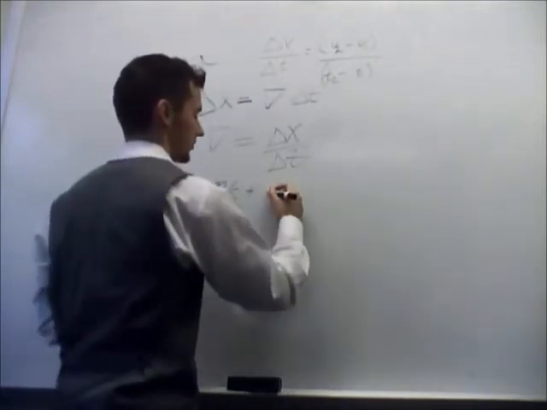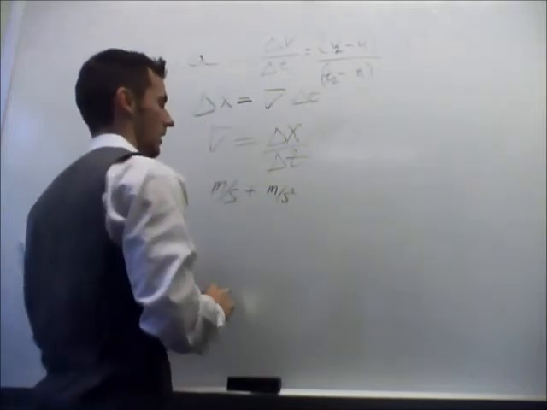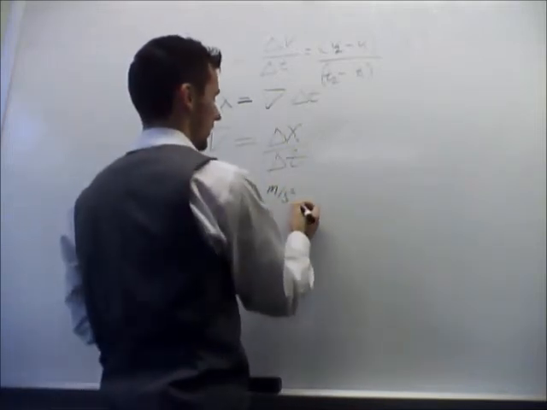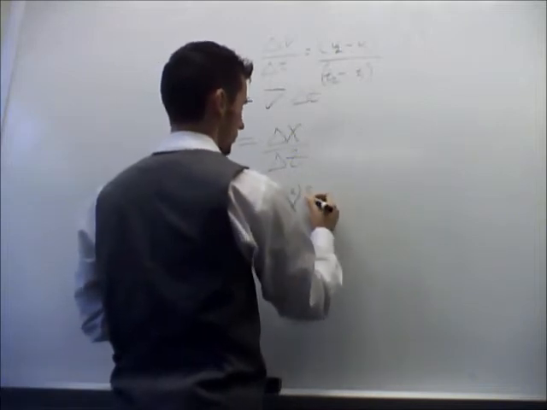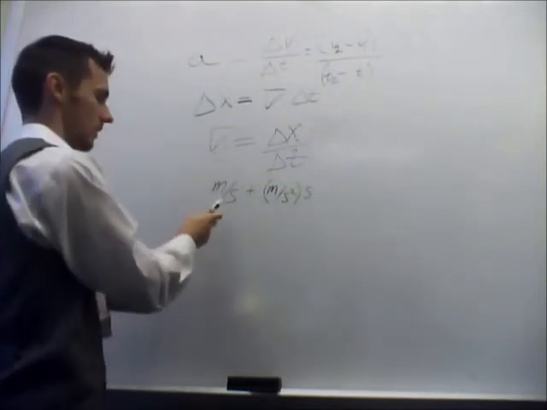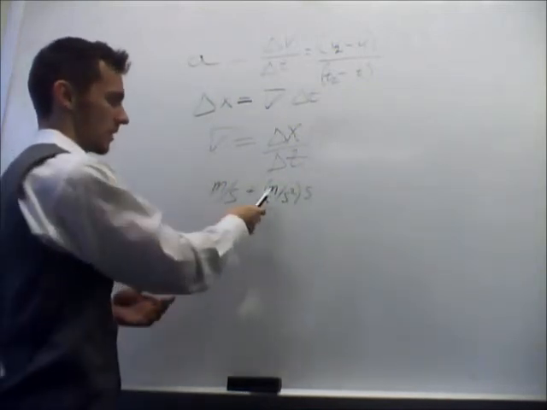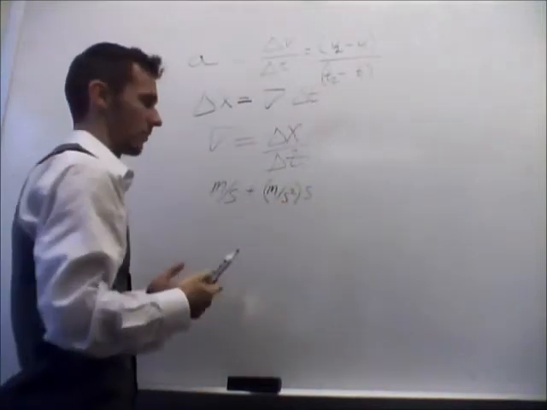So the acceleration will be in meters per second squared, and we're going to multiply that by seconds. So meters per second is your velocity, plus meters per second squared, acceleration, times seconds, time.